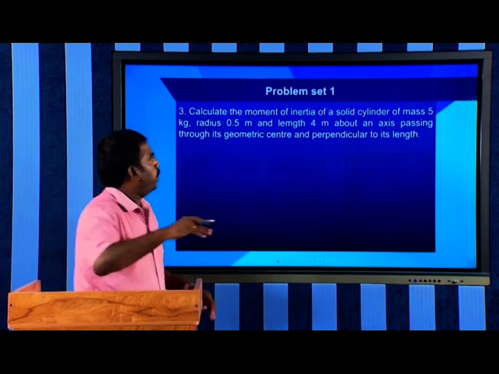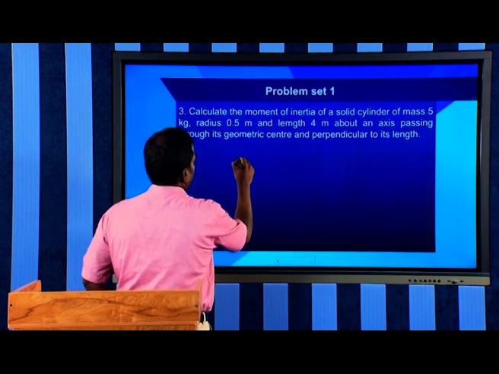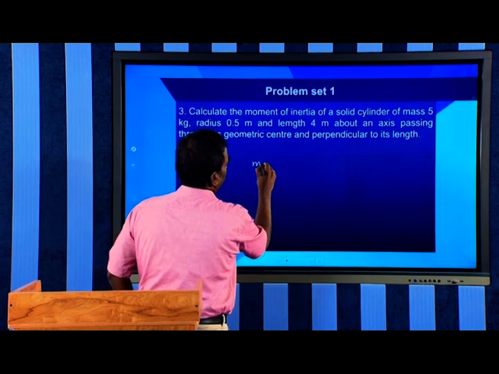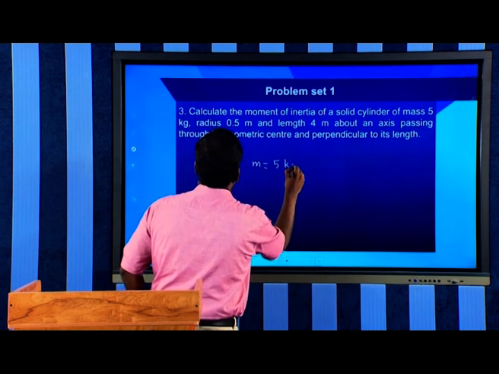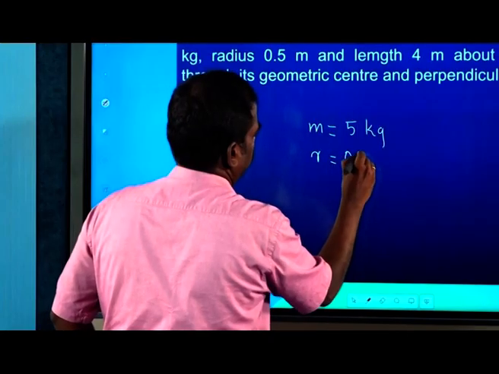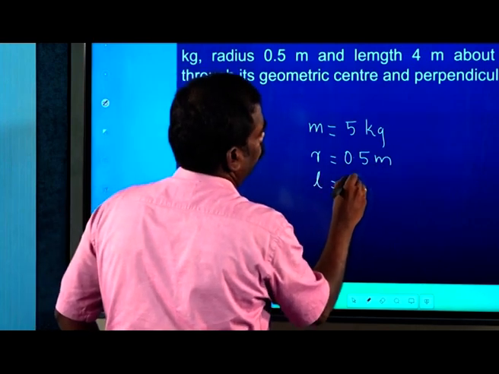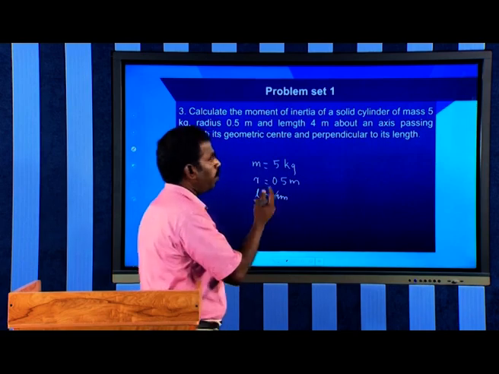So, we understood that the shape is a cylinder. So, the variables: m equal to 5 kg, radius 0.5 meter, length 4 meter, about an axis passing through its center and perpendicular to its length.